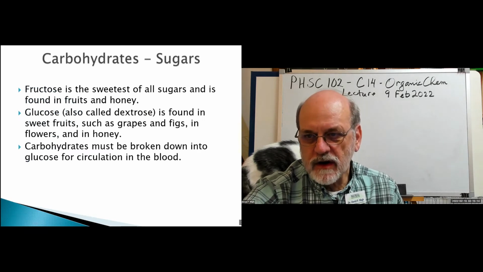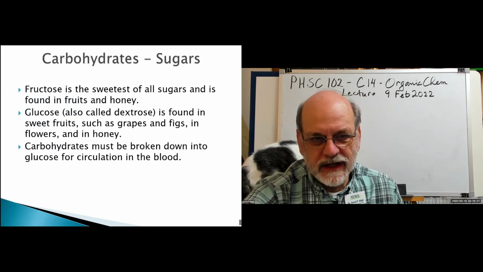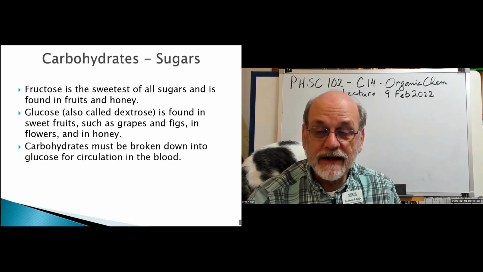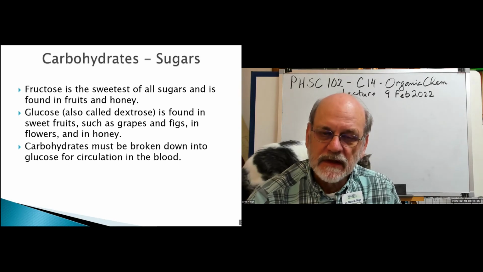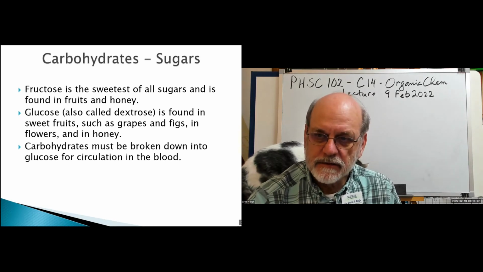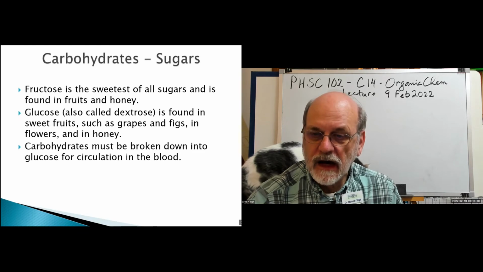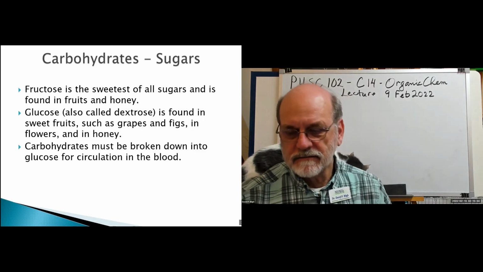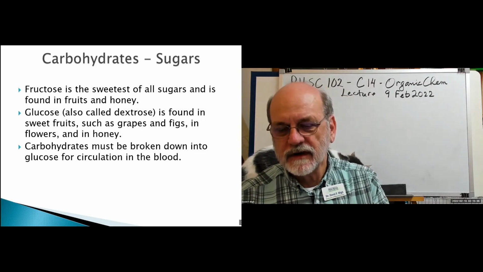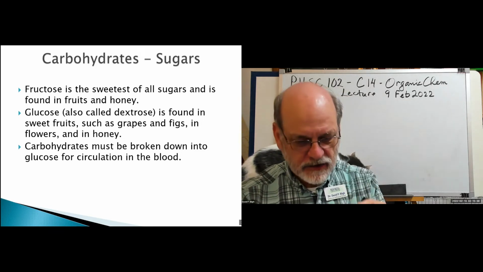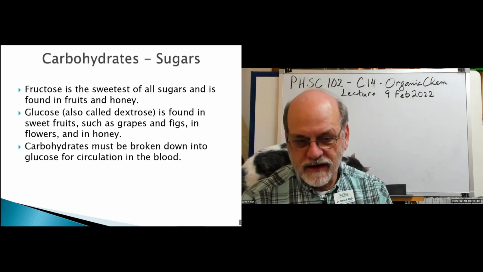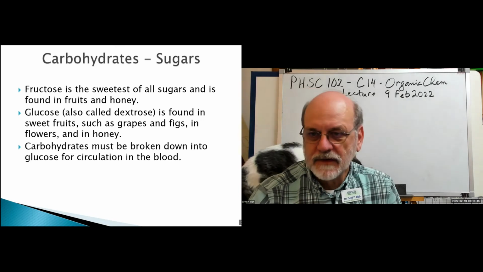Okay, so here we're told again that fructose is the sweetest of all the sugars. It's found in fruits and found in honey. It's found in honey because when the honeybee collects nectar, which is predominantly sucrose, they carry it in their stomachs, and then they expel it into the hexagonal cell, and then they spit in it.